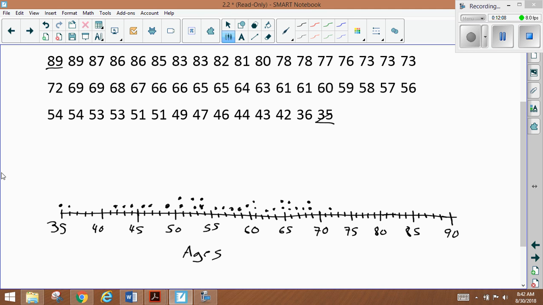72. 3 73s. 76, 77, and 2 78s. We got an 80.